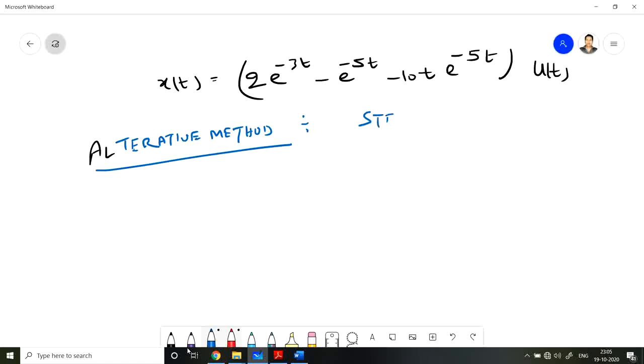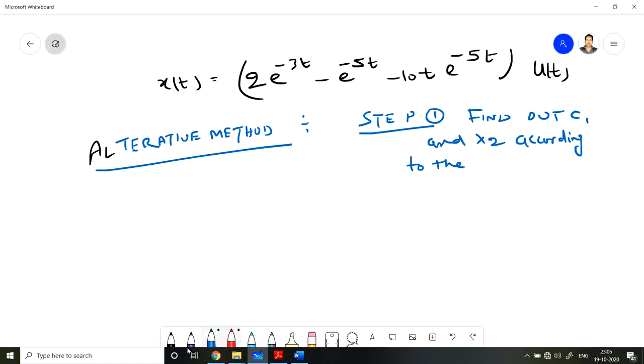Step 1, find out C1 and lambda 2 according to the regular procedure.